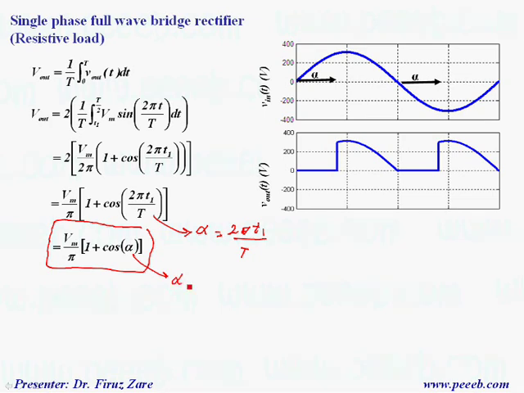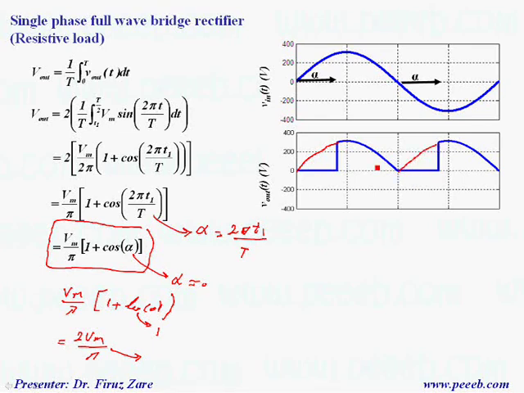So if alpha is 0, that means Vm over pi times 1 plus cosine 0. So this cosine 0 is 1. That means 2 Vm over pi, which is basically the output voltage of a diode rectifier, because when alpha is 0, this is the output voltage of the full wave diode rectifier. So here you can see that by changing alpha, we can control the output voltage.